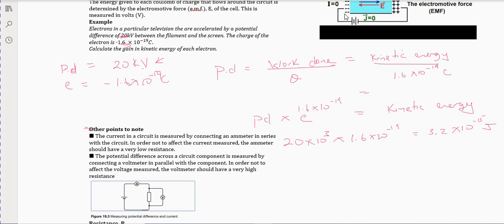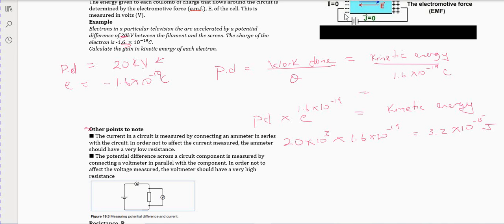It is designed to have a very low resistance, and sooner than later we'll talk about resistance. So just note that an ammeter must always have low resistance, and it must be in series with whatever component you're measuring the current through. You understand?